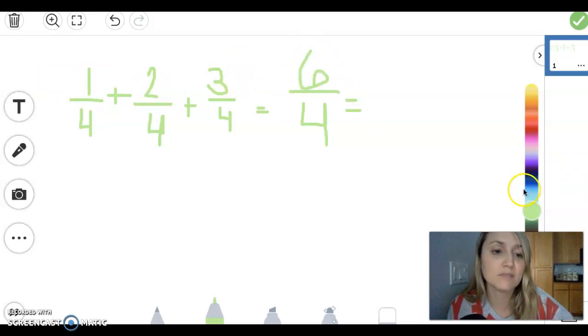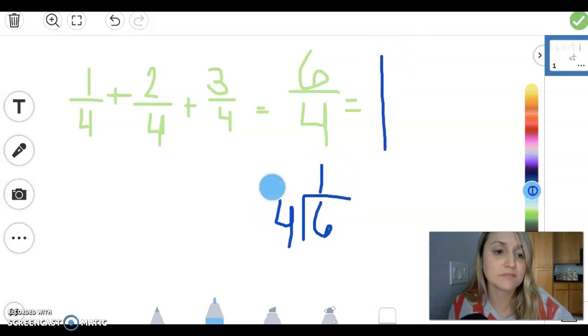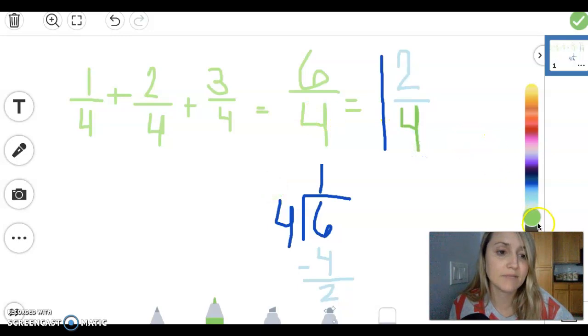And then again, because it's improper, you'd have to keep going. So 4 goes into 6 once. That's our whole number. 1 times 4 is 4. 6 minus 4 is 2. So that's going to be our numerator. Denominator is going to stay the same. Okay?